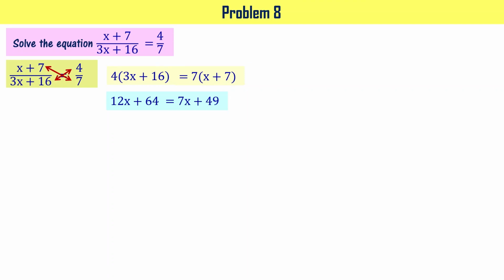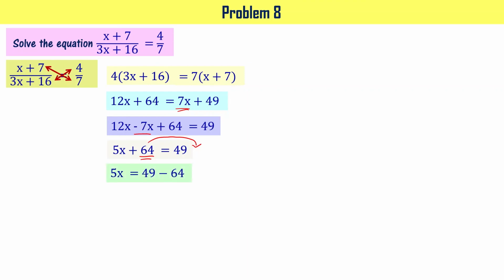Now let's apply the transpose. I can take the 7x from RHS to LHS so that it becomes minus 7x. Now let me simplify this so that I can write it as 5x plus 64 equal to 49, right? Now let me transpose this 64 from LHS to RHS. When you do that, it becomes minus 64, right? Now I can write it as 5x equal to 49 minus 64.